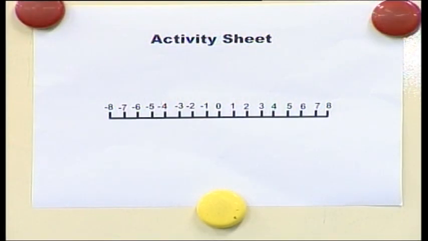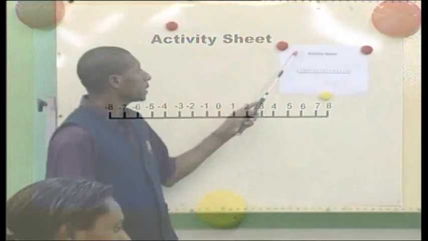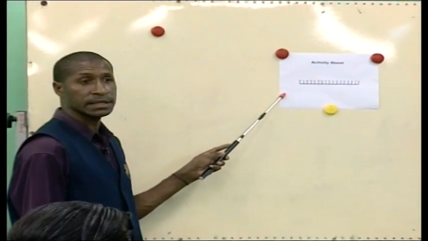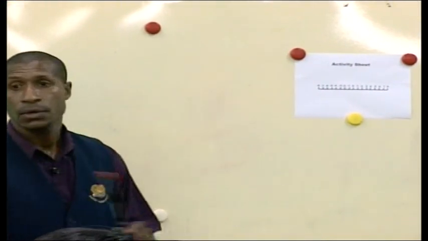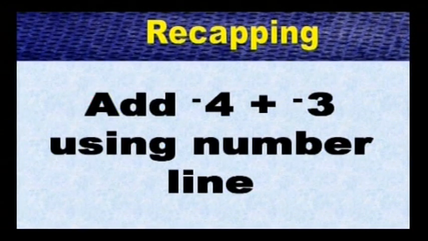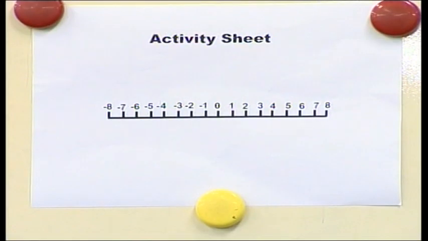Students, you will use an activity sheet like this and try to add -4 plus -4 using the number line. You will do your activity either in pairs or in threes.